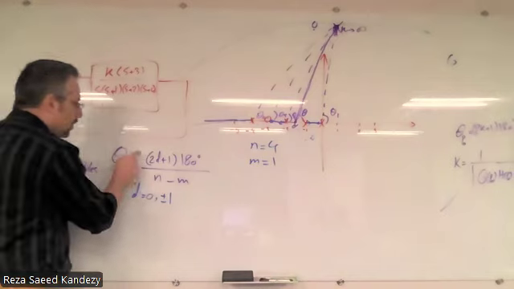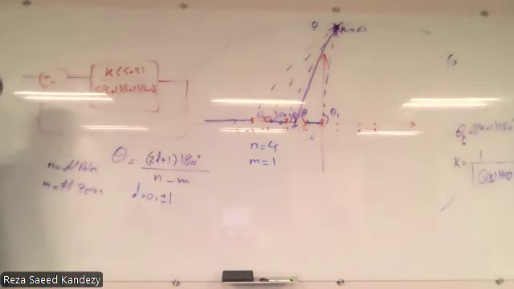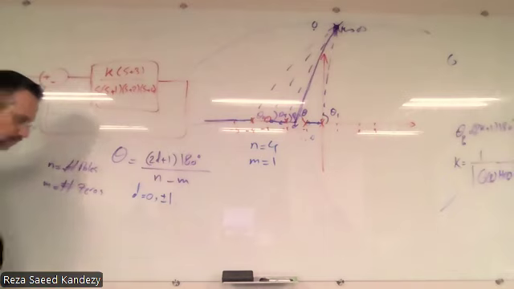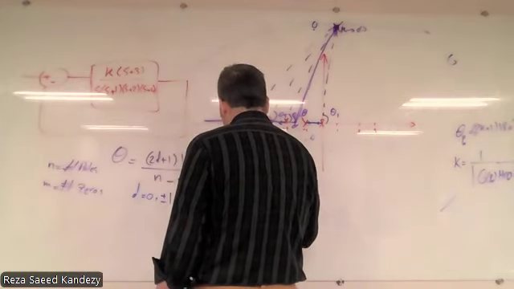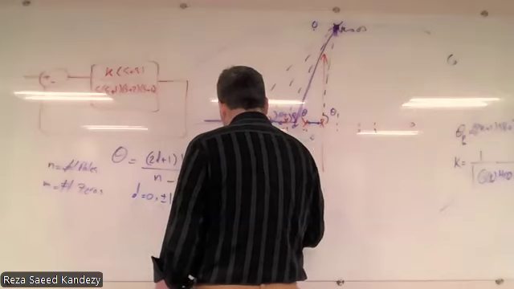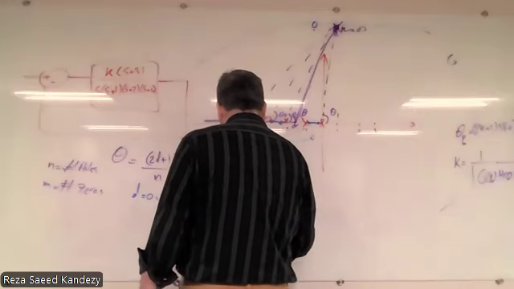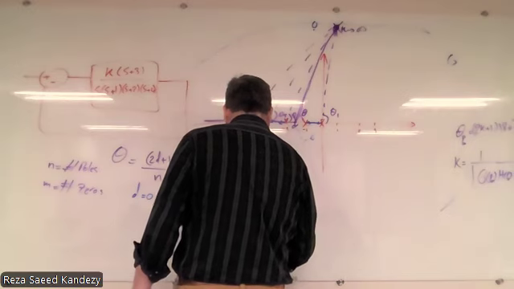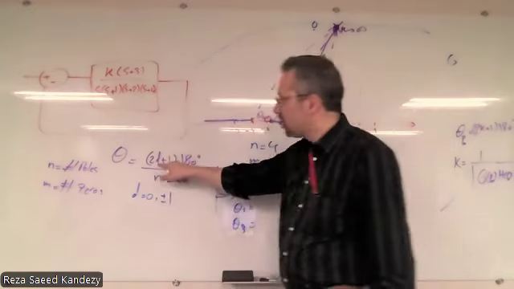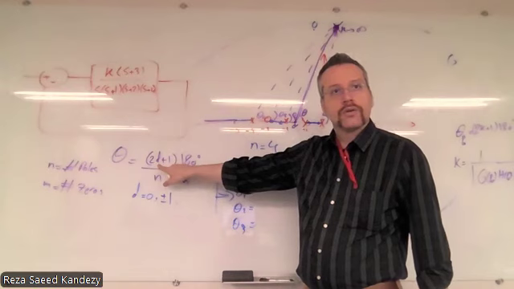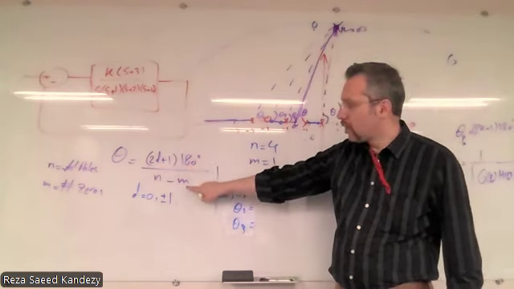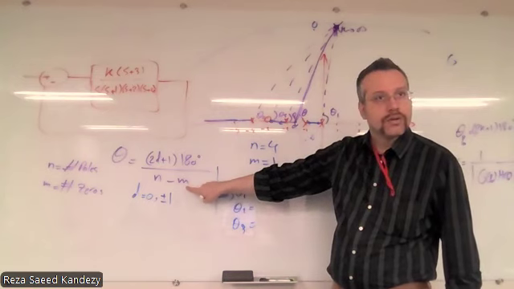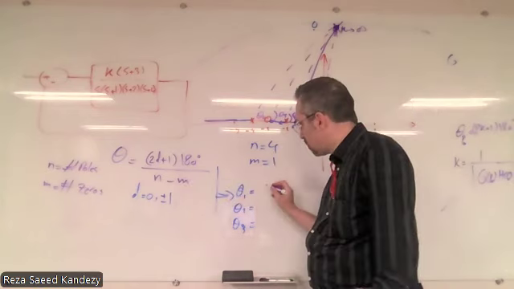Now, let's put that in the formula. What will be the thetas of this example? Theta 1, theta 2, and theta 3. If we put 0, it is going to be 180 divided by 3, which is 60. So 1 theta is 60.